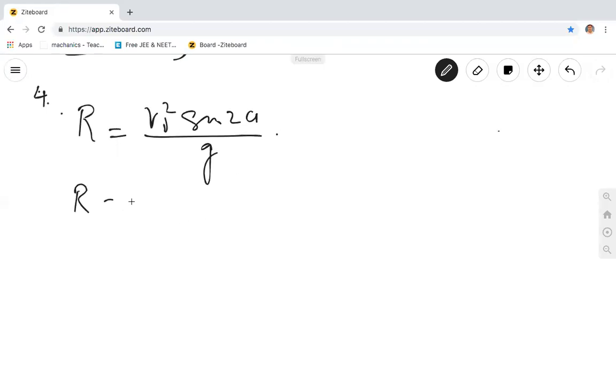The same range is equal to V0 square sine of (180 minus 2 theta) by g, because sine of (180 minus 2 theta) is again sine 2 theta. There's no difference between this and this.